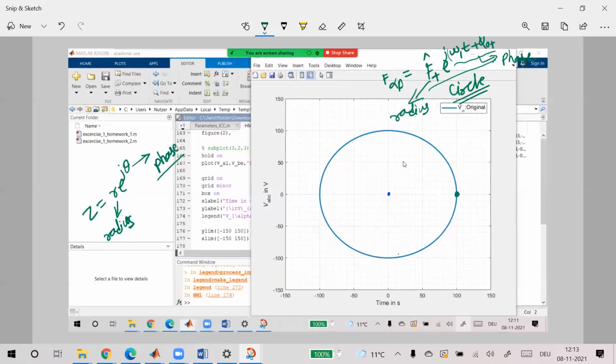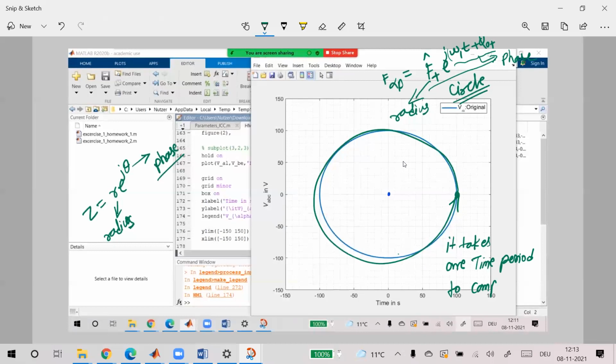It starts from one point, and after one time period it comes back to the same point. So it takes one time period to complete the circle. And it is obvious this is the phase, and in one time period our phase changed from 0 to 2 pi, right? That's also expected.